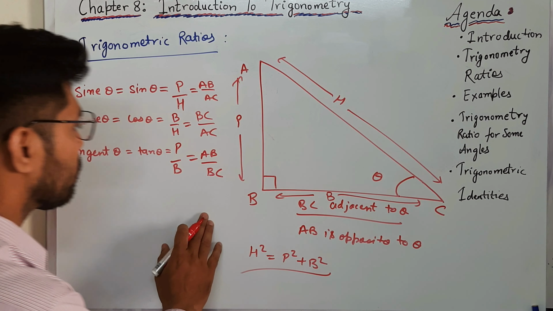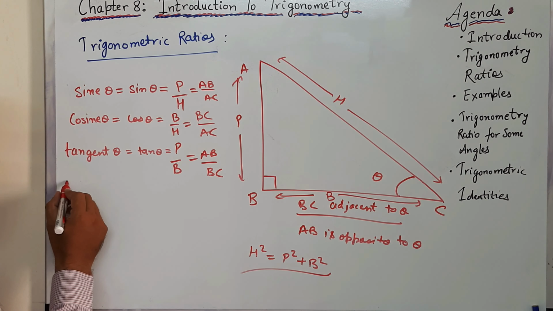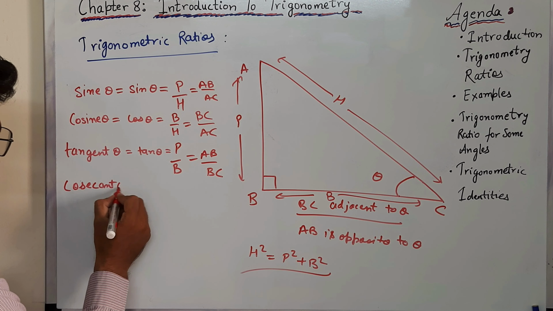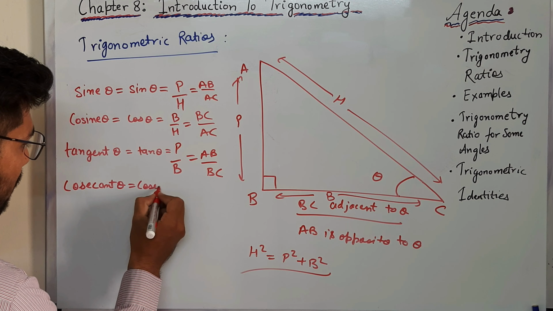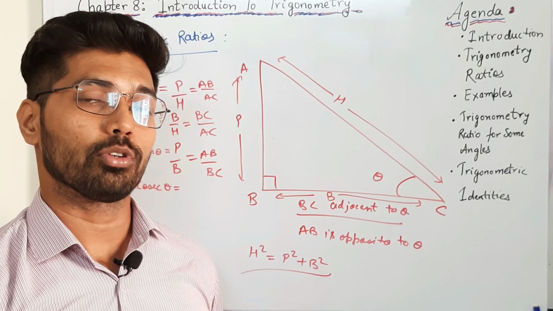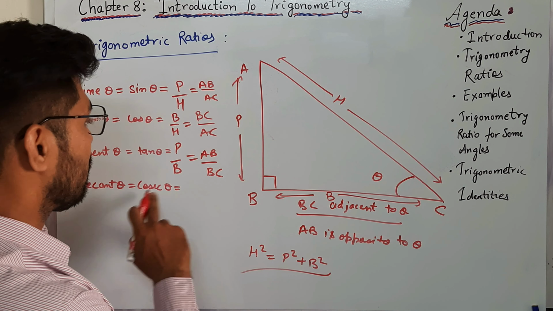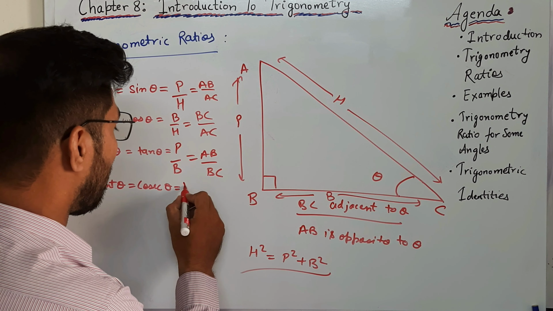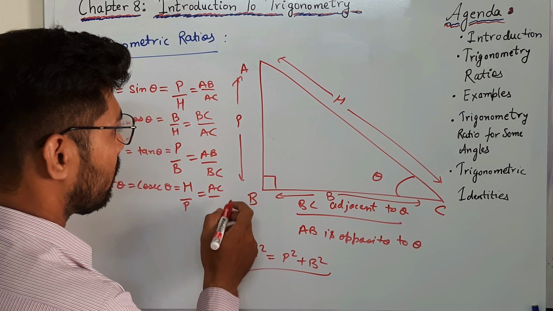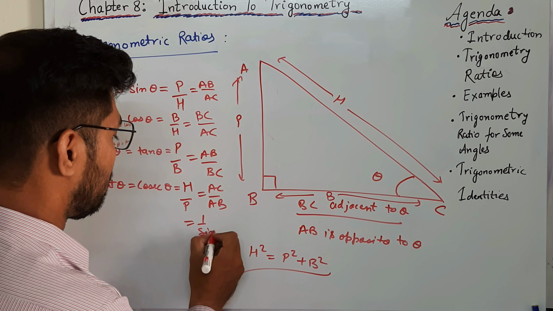Now come to cosec theta, which is cosecant. Cosec theta is just the opposite of sine theta, which is hypotenuse upon perpendicular, which is AC upon AB, and this is 1 upon sine theta.